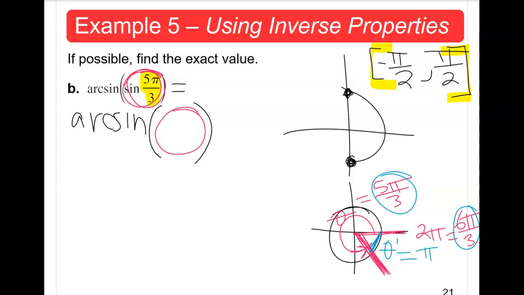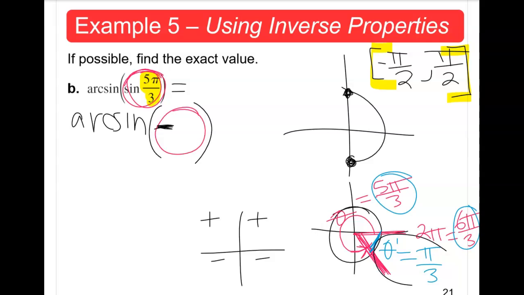So it will be π/3. We could use that as a reference to find the sine of 5π/3. However, sine is negative in quadrants 4 and 3 because the y values are negative there, and it is positive in quadrants 1 and 2 because the y values are positive there. So our answer will definitely be negative.